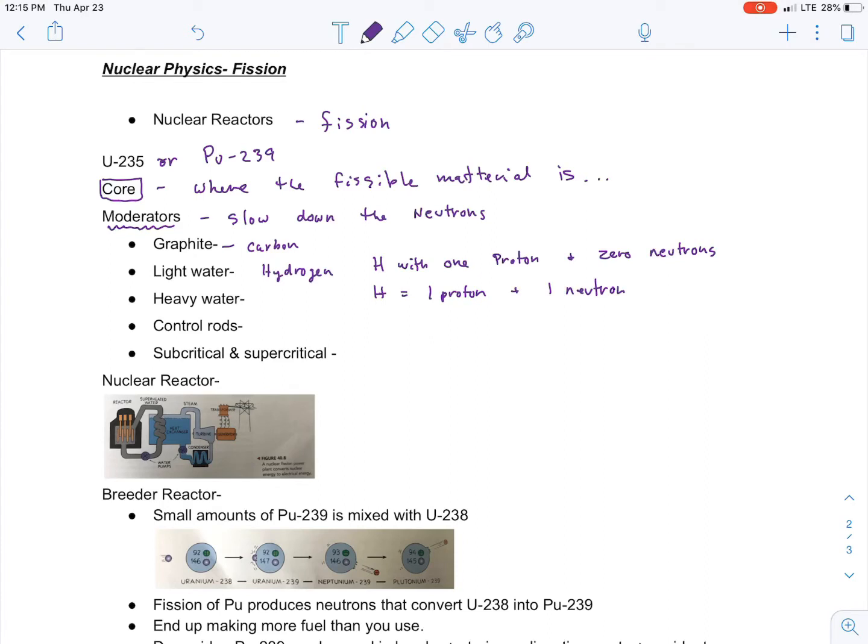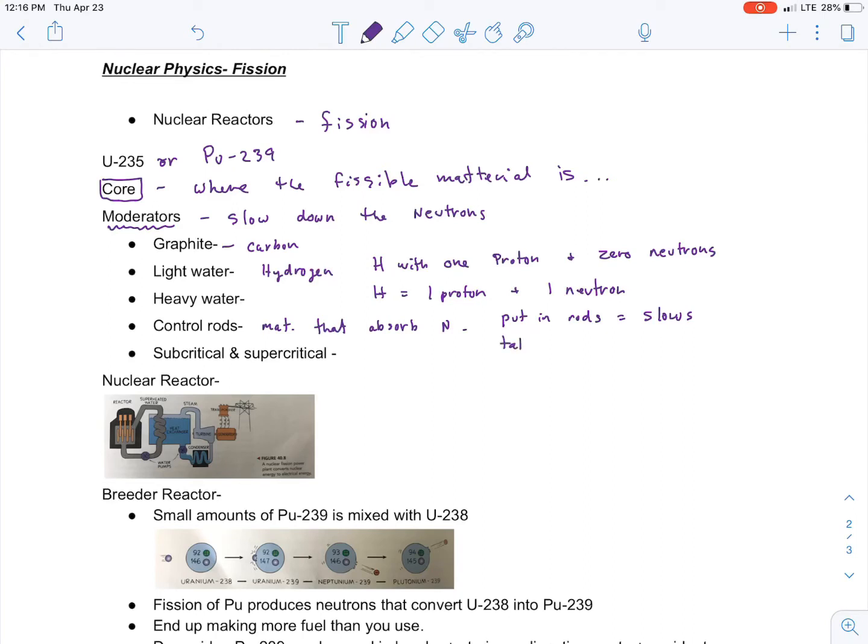Now, we also have what they call control rods. And control rods are materials that absorb neutrons. Right? And so the control rods can be put into the reacting core or taken out. And so if they put them in, it slows the reaction.